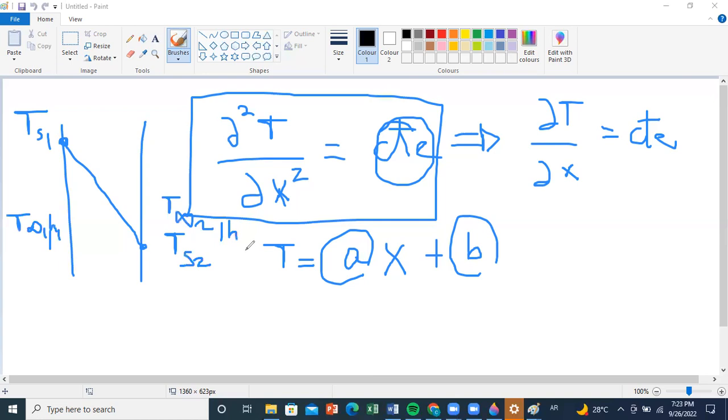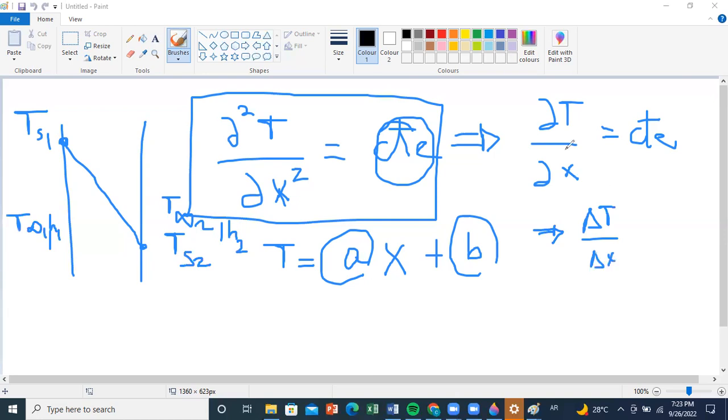But what I care for is, once I give you this equation, you should know how to continue. If I tell you in a plane wall, the second derivative is 0, you tell me then del T by del X is a constant. And this means that delta T over delta X is equal to the rate of variation of temperature.